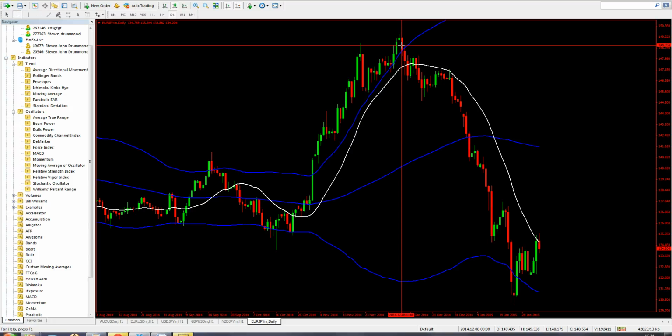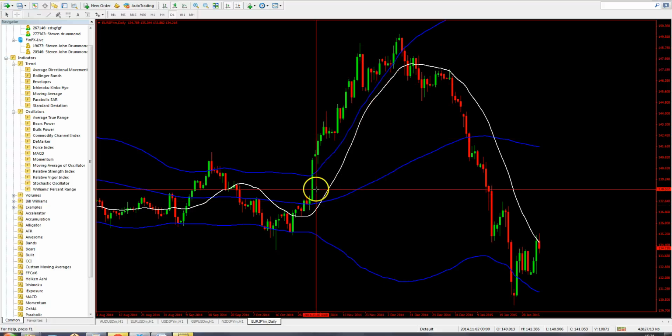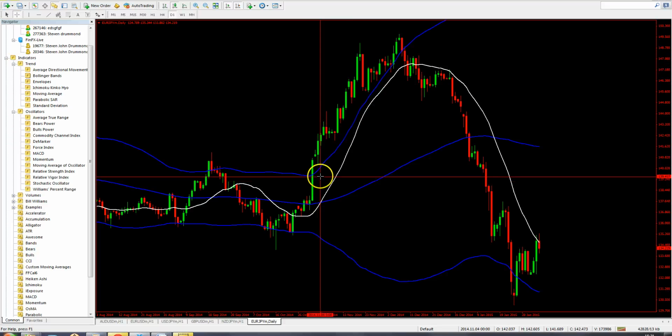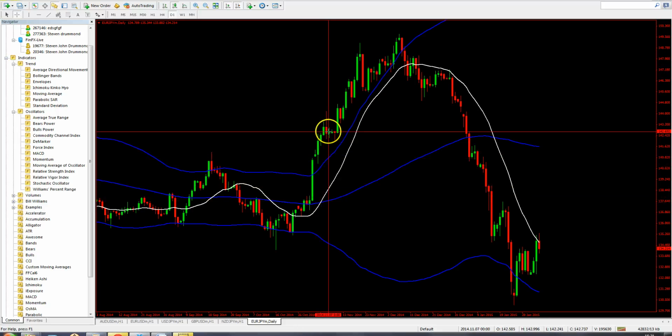This is on a daily chart, so you can imagine the amount of sell signals that came about throughout this monthly period. And you can think about the trading styles that people do when they try to pick tops or pick bottoms. If you're trying to sell in this long market, you're going to get eaten up alive.